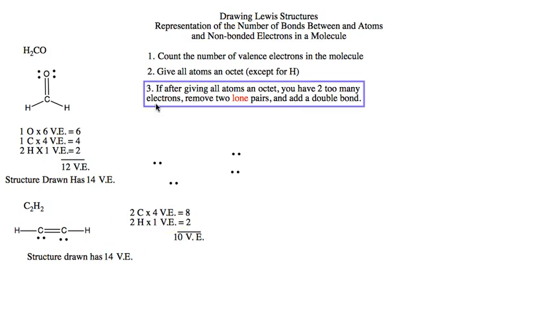So what I have to do is I have to do this a second time. I have to remove these electrons and remove these electrons, and then I need to make sure I still have an octet by adding another bond. And now I have the right number of electrons.